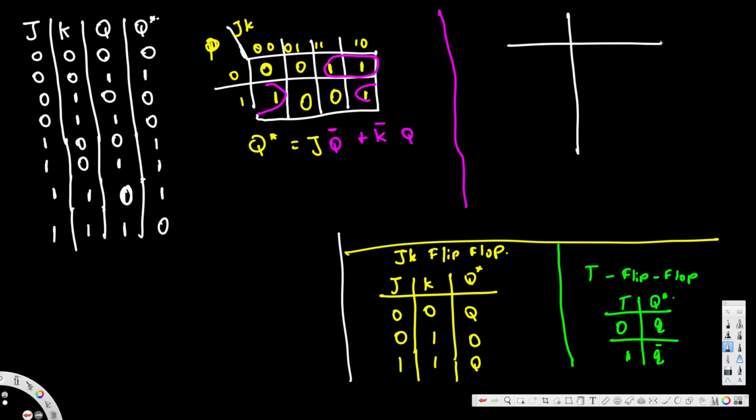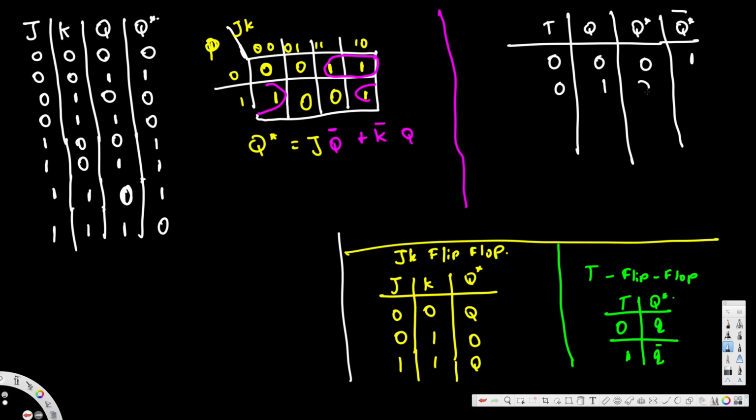We can expand the toggle flip-flop table a little bit: T, Q, Q asterisk, with rows 0, 0, 0, then 0, 1, 1, then 1, 0, 1, and 1, 1, 0.